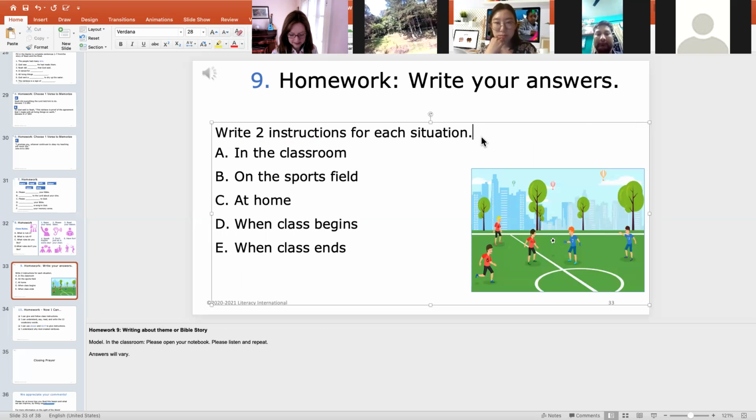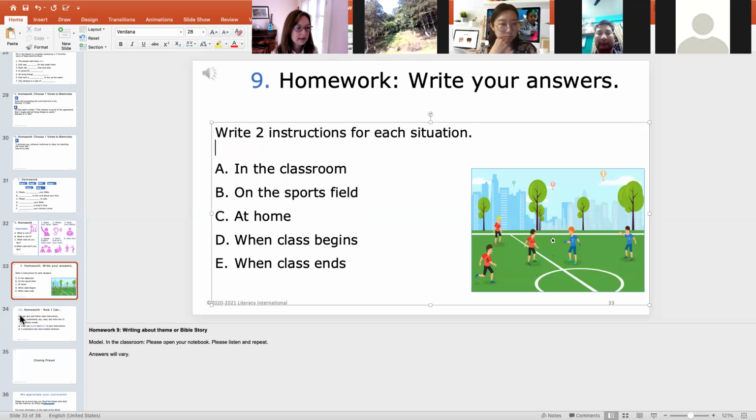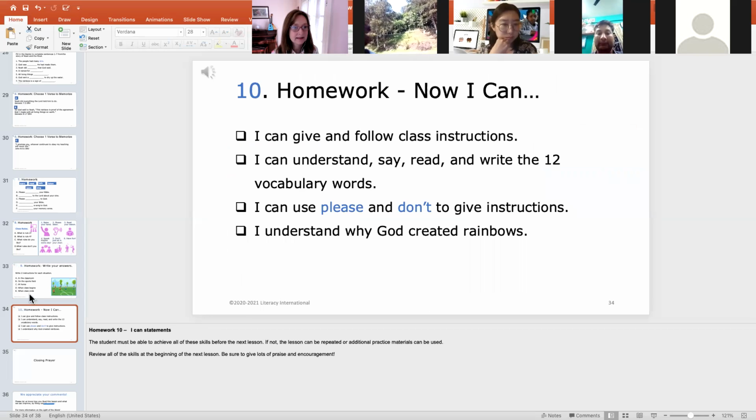And then finally, our last homework assignment is Now I Can. We want students to just put a check mark on the things that they can do. And if they cannot do it, we want them to study those things more.